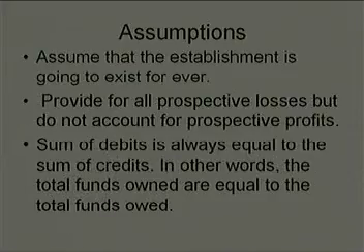Then moving on to the next assumption, it says the sum of debits is always equal to the sum of credits. In other words, the total funds owned are equal to the total funds owed. The terms owned and owed are very important as far as accounting is concerned.